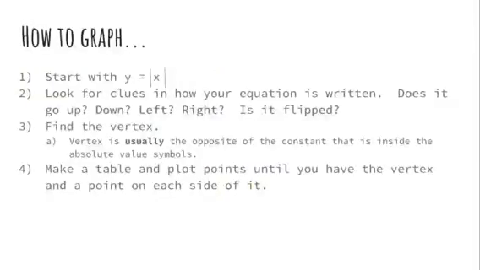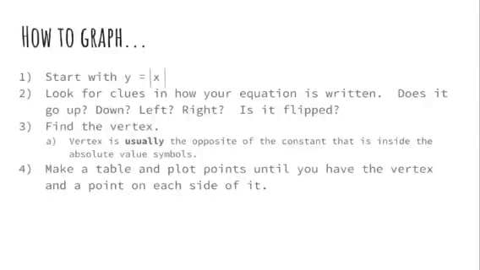So before we get into graphing a problem on our own, let's go over these steps. First, you're going to start with your y equals the absolute value of x, your basic function. Then you're going to look for clues in how your equation is written. Does it go up or down, left or right? Is it flipped? Is it squished? Then you're going to find the vertex.